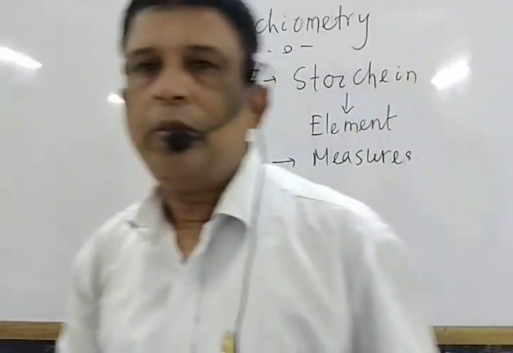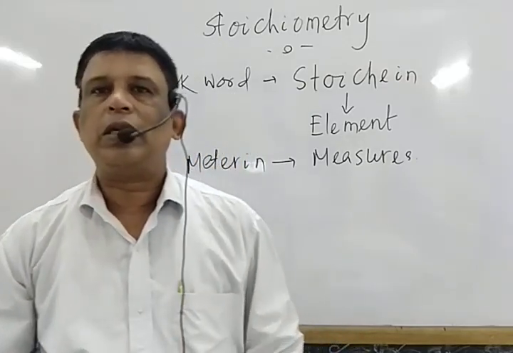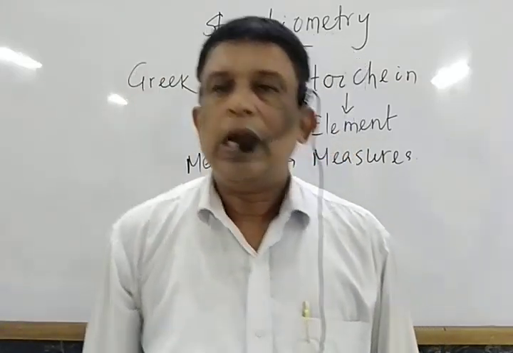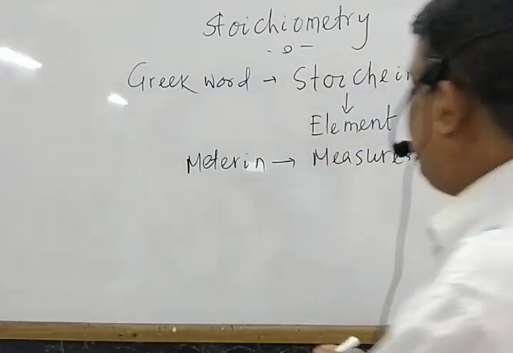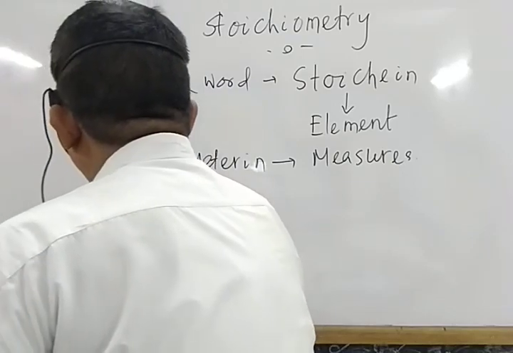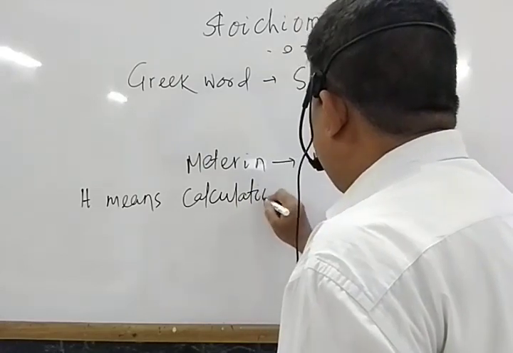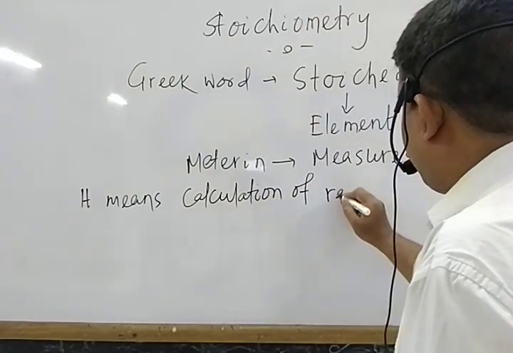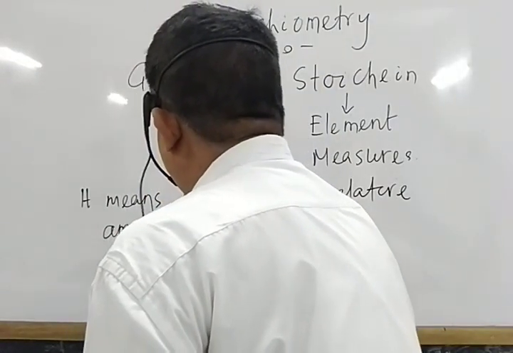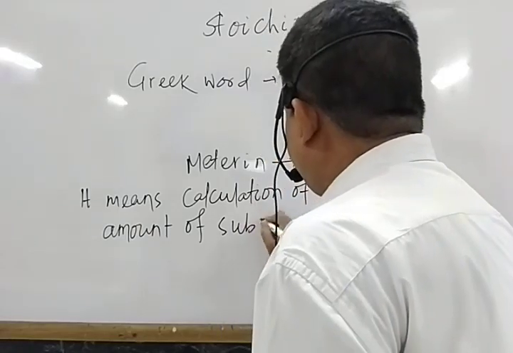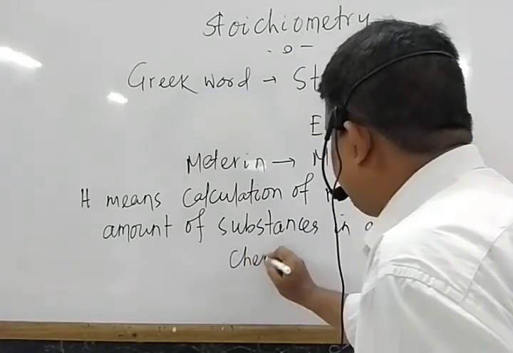So, under this heading, that is stoichiometry, we calculate some problems relating to chemical reactions. Stoichiometry is nothing but the calculation of relative amounts of substances in a chemical reaction.